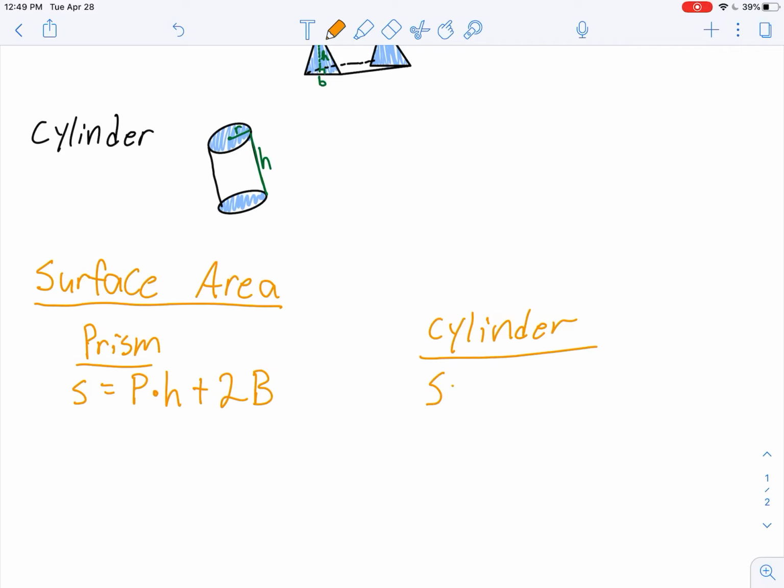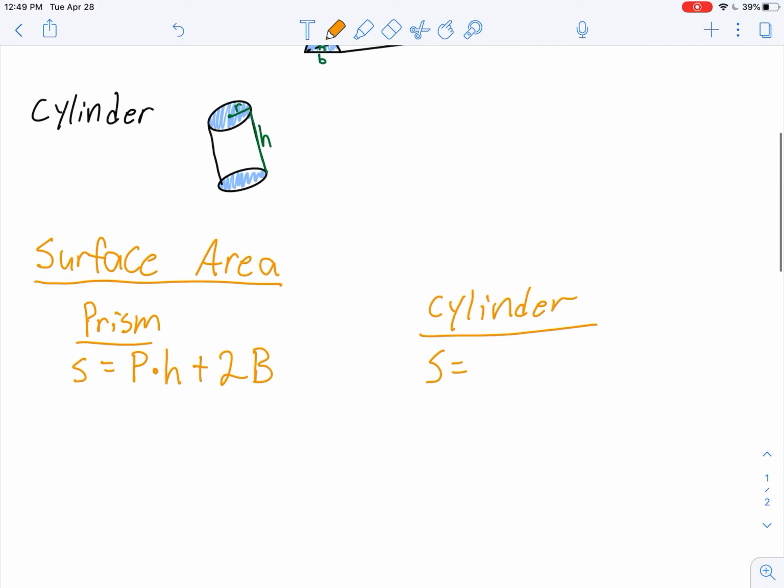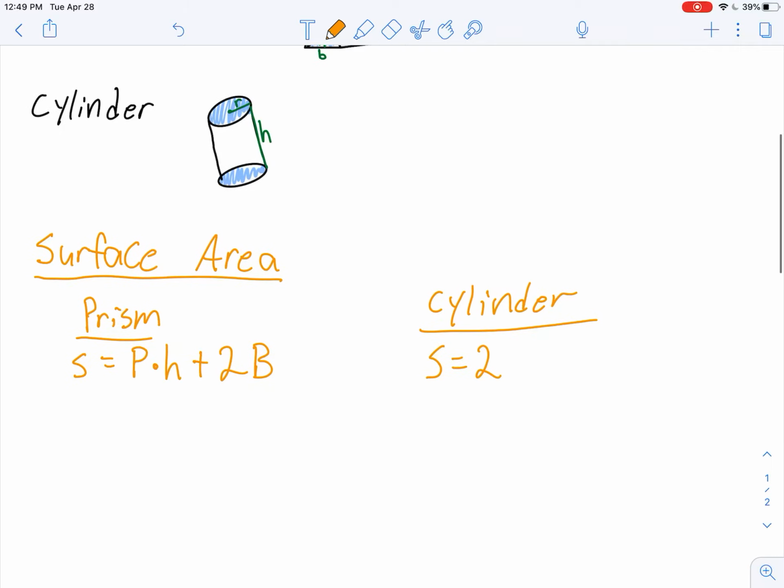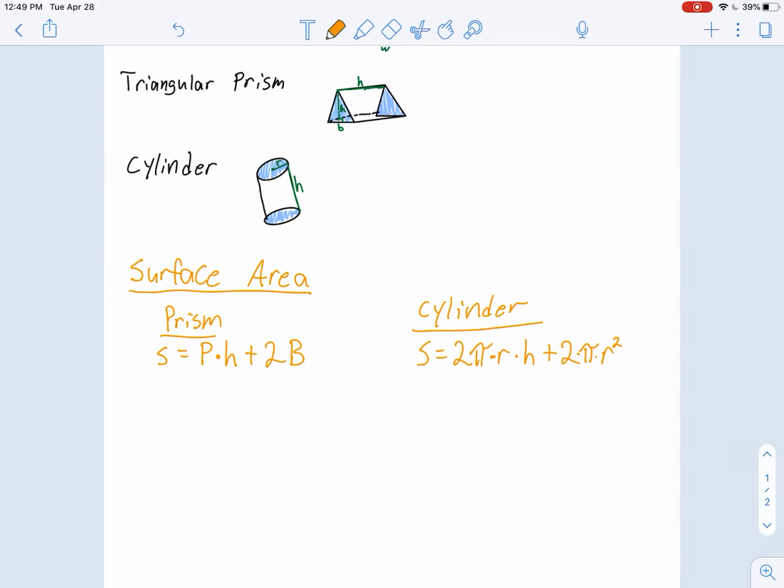So to find the surface area of a cylinder, S equals 2 times pi times our radius times our height, plus 2 pi r squared. Those are our two formulas, and we'll use those to find our surface areas. I'll go into what these things mean.